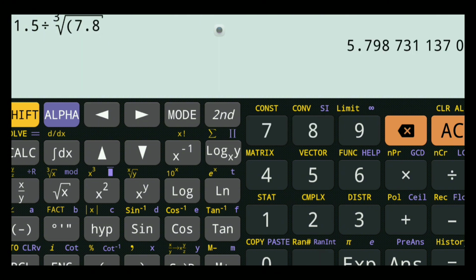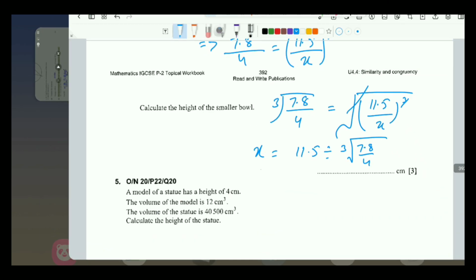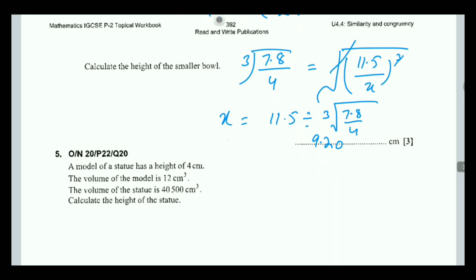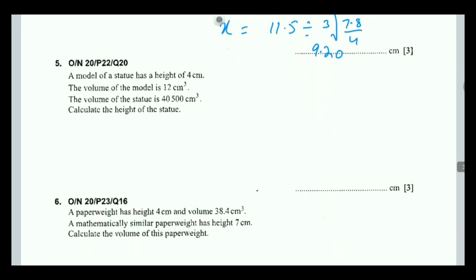Don't forget to put the bracket, otherwise your answer will be wrong, because we are going to take the cube root of 7.8 over 4. So it means we have to use brackets here. The answer is 9.20, you can see. So here 9.20 is the answer. Okay, so the next question.